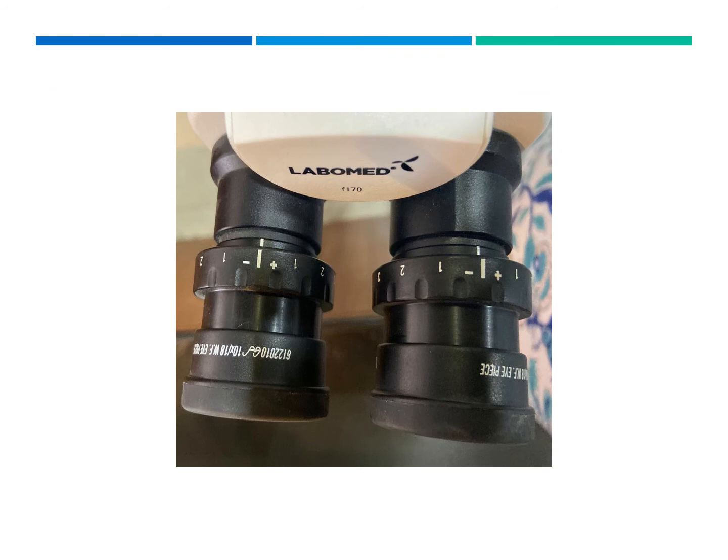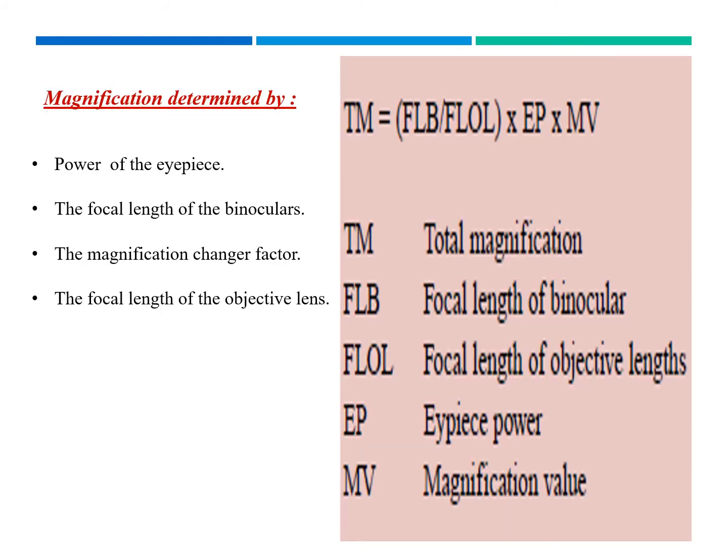This is what's seen in our department. This is what I meant about the diopter setting. So the value of magnification is basically calculated with the help of this equation that we see, where you can see that the total magnification, Tm, equals the focal length of the binocular divided by the focal length of the objective lens times the eyepiece power times the magnification changer.